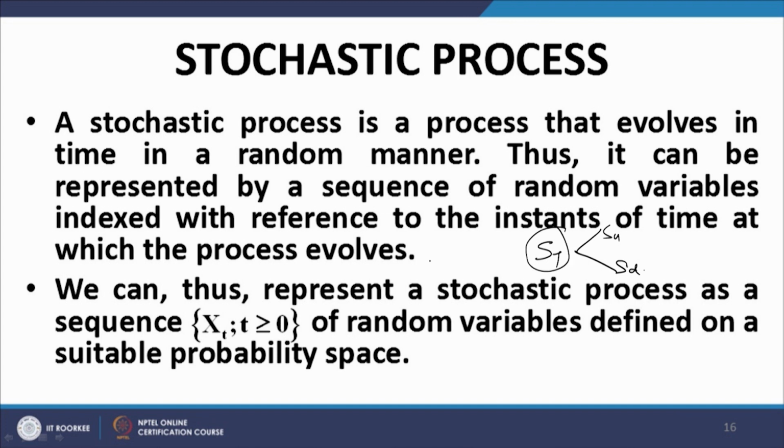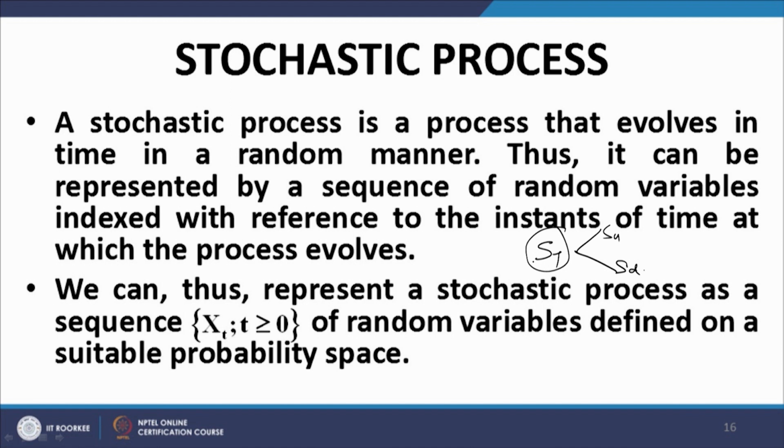Thus we can model the behavior of the stock price at t equal to capital T by a random variable ST, where ST can take the value SU or the value SD with certain well defined probabilities. So, this is called a random variable. ST is the random variable and SU and SD are the possible values that the random variable could take with, of course, the respective probabilities whatever they may be.